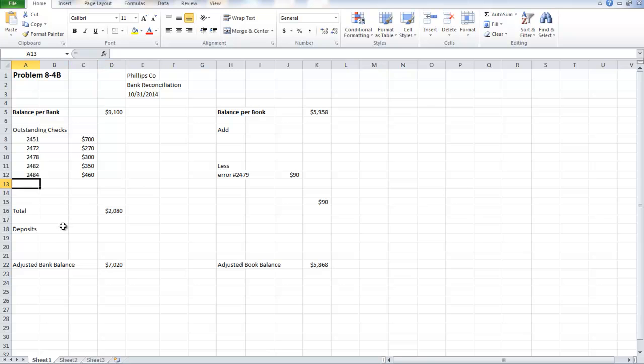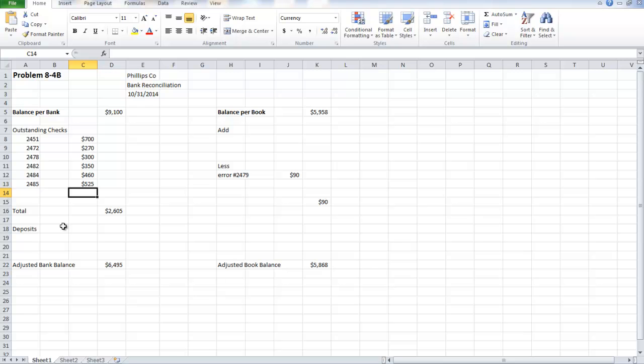Then we go for 2485. Does not show up. We need to include that one, and the amount is $525. Then 2486 for $495 shows up in the bank statement. We don't need to include that.